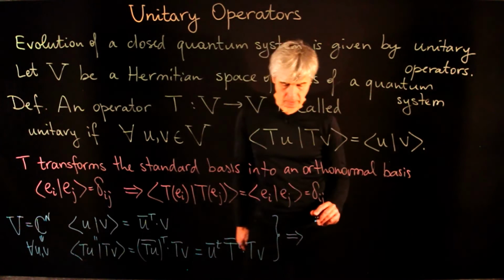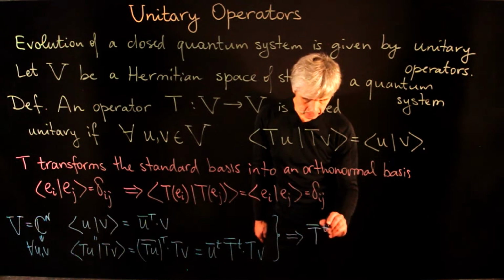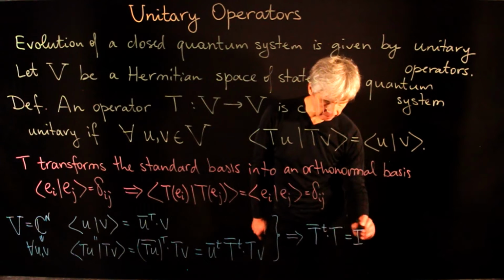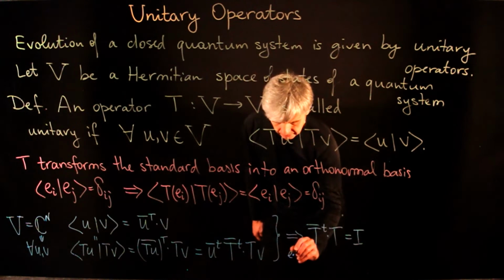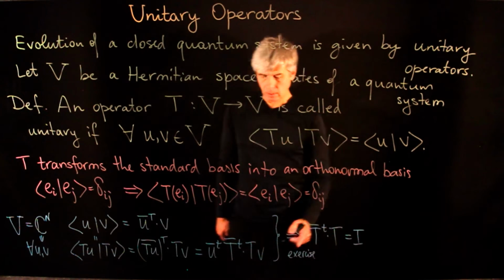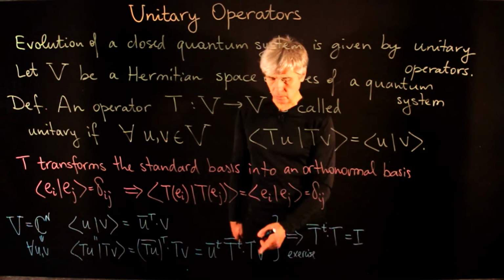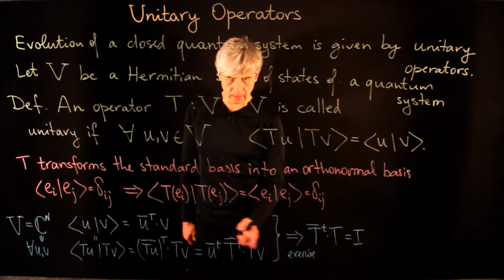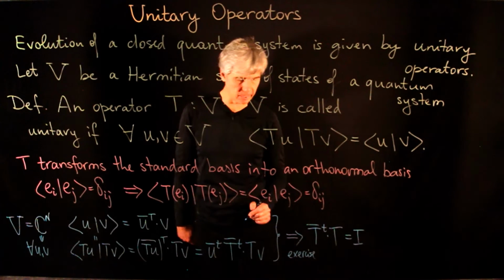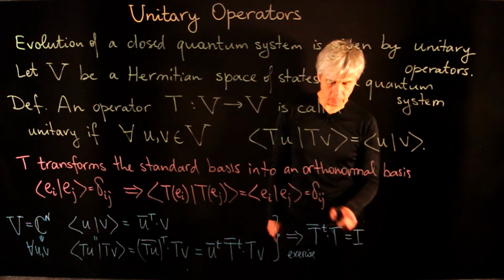So this tells us that T bar transpose times T is equal to the identity matrix. And this is an exercise. To do this exercise, you have to take as u and v all possible standard basis elements, and then one can prove this relation.